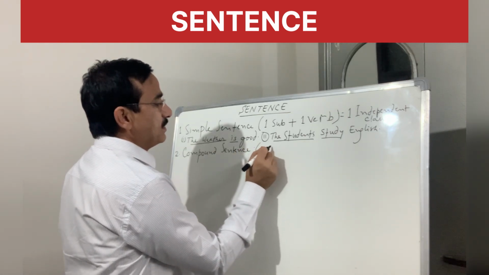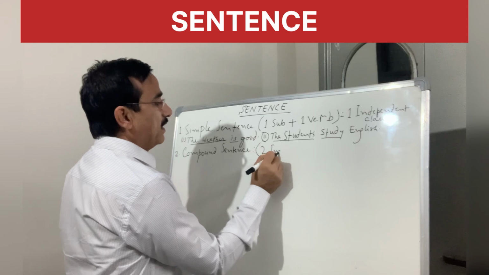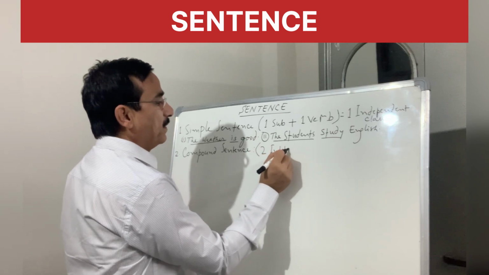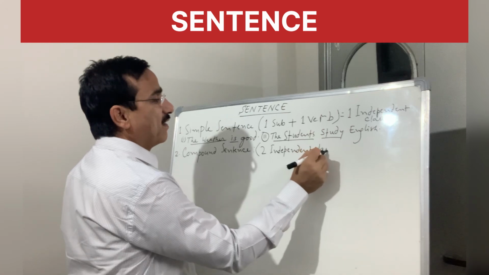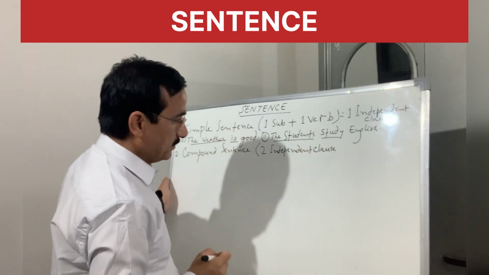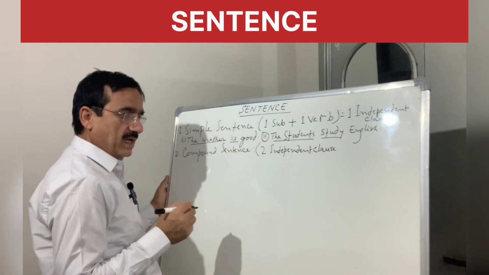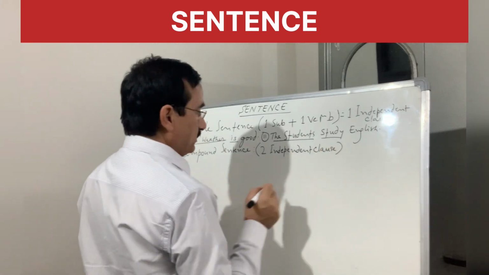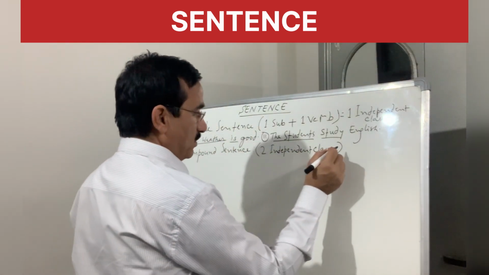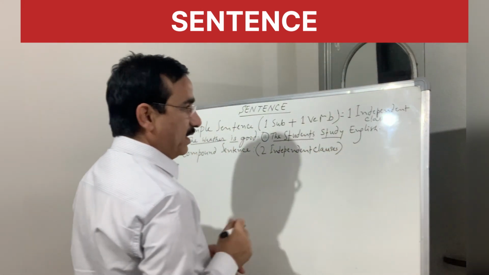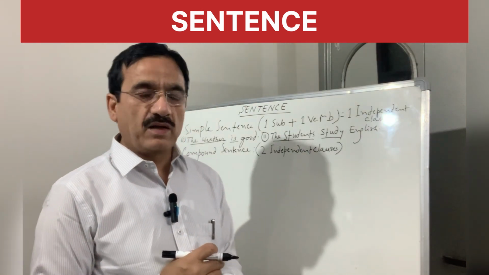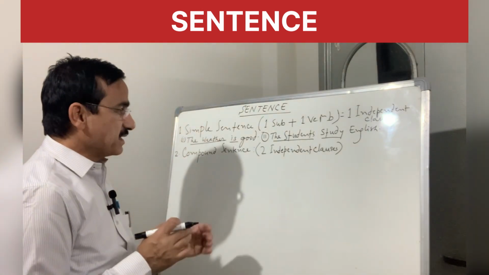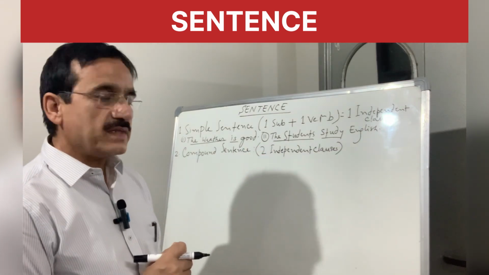Two independent clauses. Independent clauses are also called main clauses. So a compound sentence consists of two independent clauses.